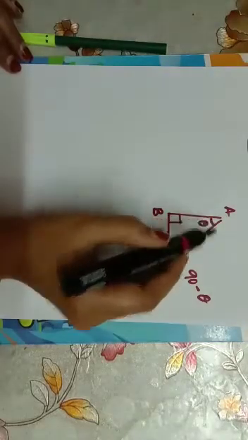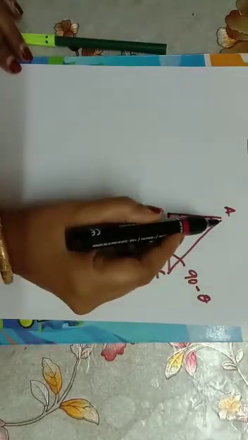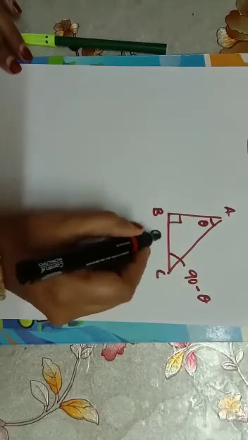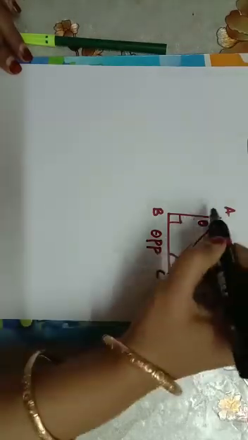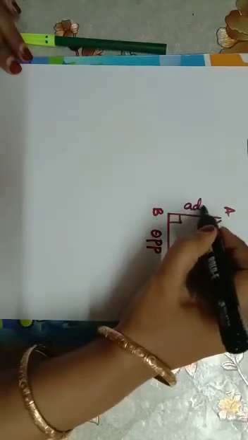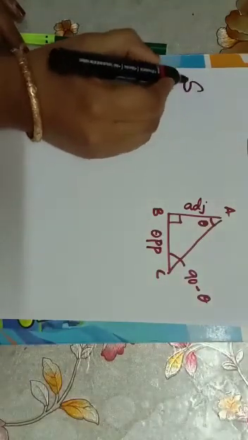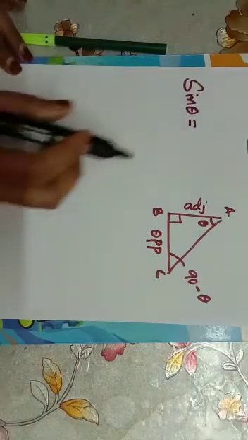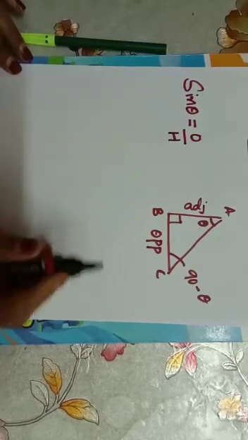When I consider angle A, the side opposite to theta is BC. I am writing here opposite. And the side adjacent to theta is AB. I am writing adjacent. When I consider theta, that is sine theta, O by H. Hope you all remember.